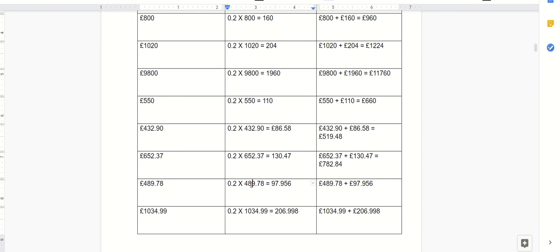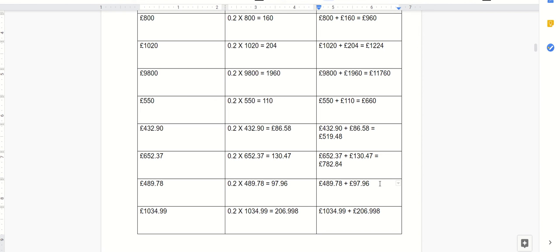0.2 multiplied by 489.78. Again, we get an answer which is a 3 decimal point answer, 97.956. That number is greater than 5, so we need to round up. So we take that 6 away and we change it to 96. We do the same thing there.